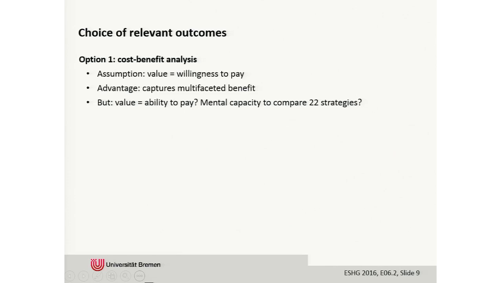So one could doubt that humans really have the mental capacity to understand and appropriately weigh all those different aspects. So there are good reasons for economists to look in a very democratic manner on the issue of value, but on the other hand, there are also good reasons not to follow this path in health economics.